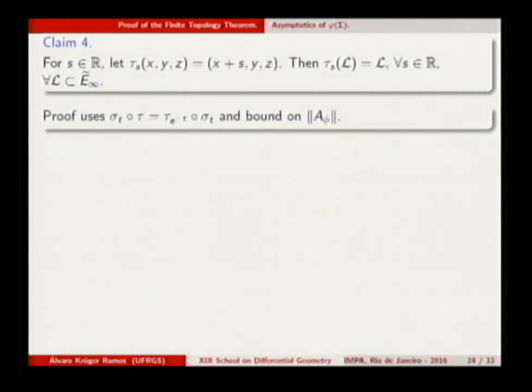So the next claim is that for every such leaf, actually it is invariant under a one-parameter group of parabolic translations. So it is like these planes here. These planes are invariant under all this group of isometries which brings x plus s, y plus s for each number s. And the idea of the proof is very simple.